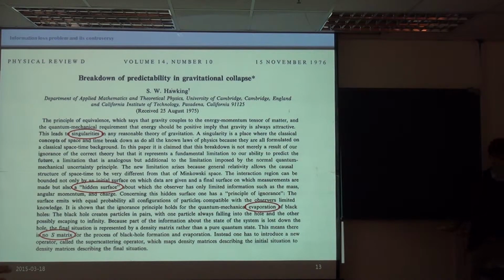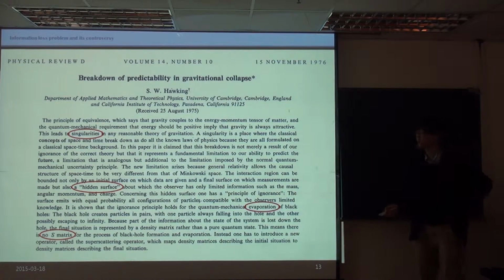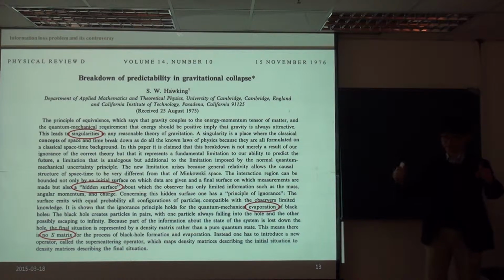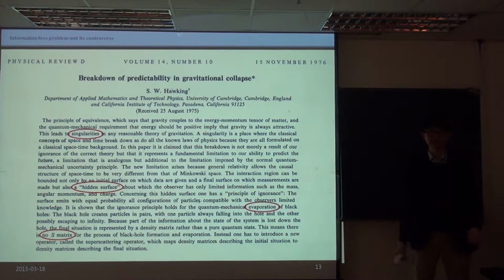So this is the famous paper about the information loss, 1976 by Hawking, and these circles are keywords. First, the keyword is singularity. Gravitational collapse always ends in a singularity, and this makes a hidden surface called the event horizon. Even though there is an event horizon, if a black hole is forever, then maybe the information is always there.